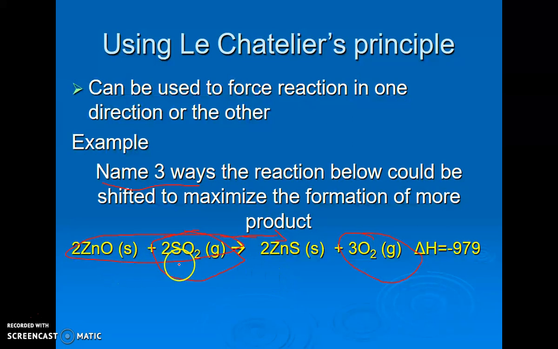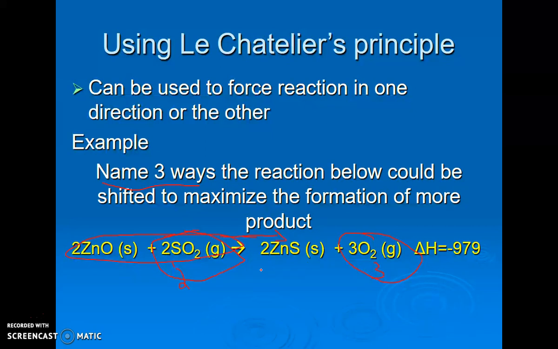Remember, that has to do with the number of gas particles. If we look at this side, there are 2 gas particles in the reactants and 3 gas particles in the products. So what could we do to shift the reaction towards the products? Well, we have more pressure on the product side, because we have more gas particles. So if we put this reaction in a larger container when it's at equilibrium, what's that going to do to the pressure?